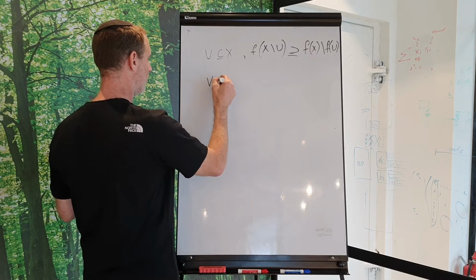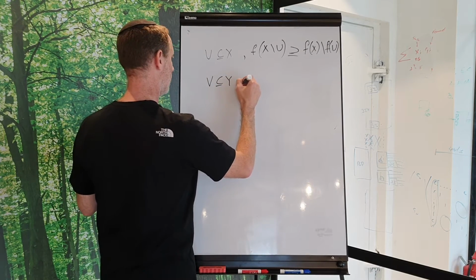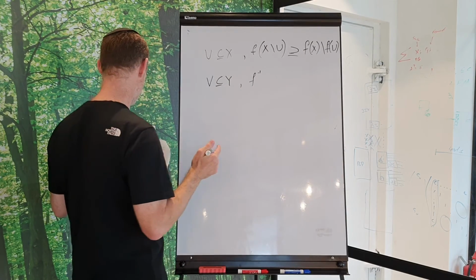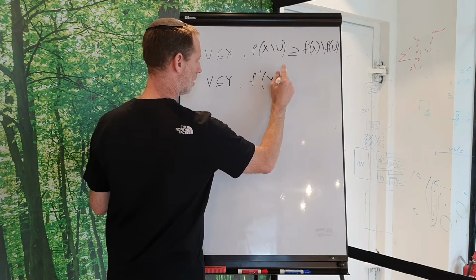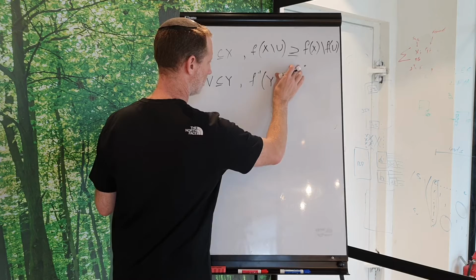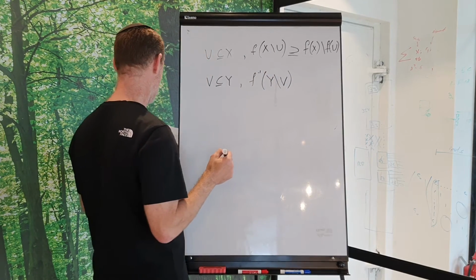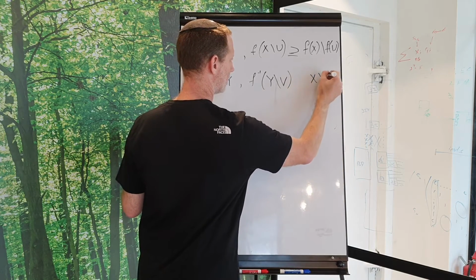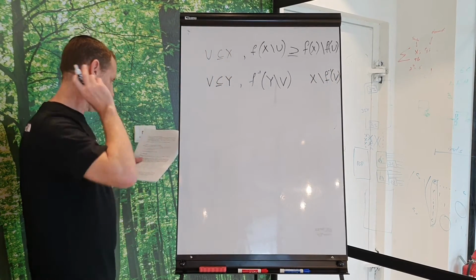What if it was the other way? If we had, say, v in y, and we look at, I'm just going to go with f minus 1 just quickly, the pre-image of y less v, and then we look at x less f minus 1 of v. So same thing, but on the x side.